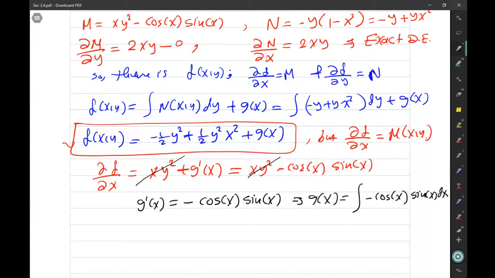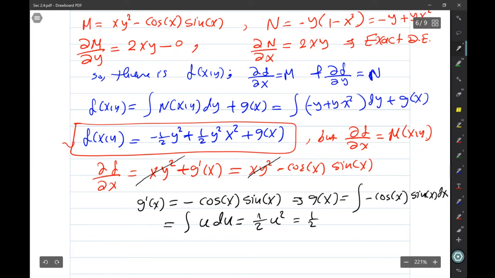Or you can take u to be cosine, its derivative is minus sine x. So I will take u to be cosine, and it becomes the integral of u du, which is half u square, which equals half cosine square.